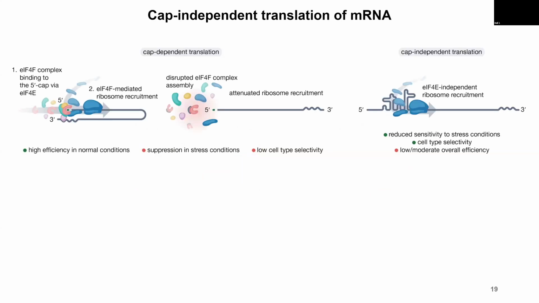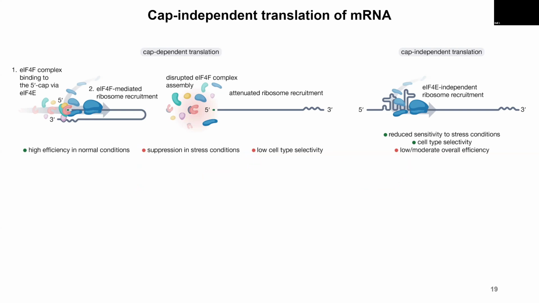Most of the applications that are now in the clinic rely on so-called cap-dependent translation, for which the central role is played by a distinct modification at the 5' end of the mRNA called the cap, that attracts ribosomes through the interaction with the eIF4F complex.